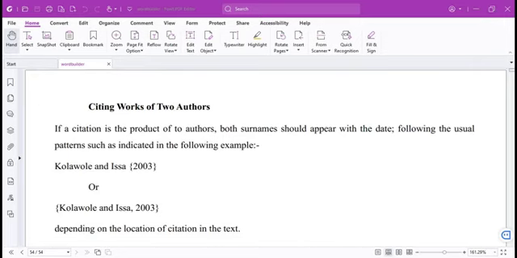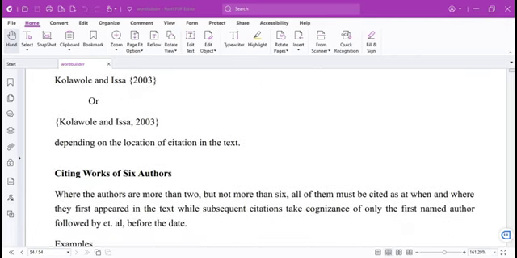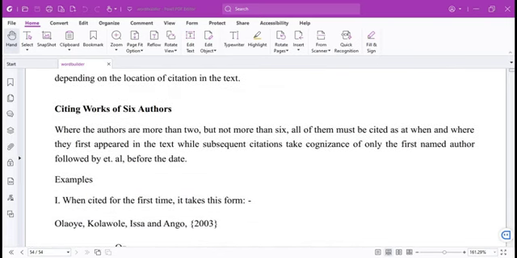So what you do is write the surname, Kolawole and Issa, and then the date in parentheses, or Kolawole and Issa with a comma and then 2003, that's the date, all in parentheses, all depending on the location of the citation in the text. Just like we said before, depending on where they are located. All right, that's for two authors.